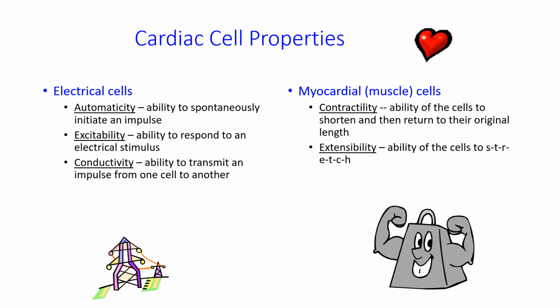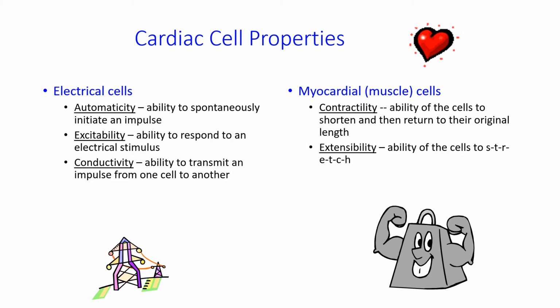When we talk about the myocardial cell or the muscle, every cardiac cell has the ability for contractility and extensibility. Cardiac cells cannot contract unless they've been electrically charged, or depolarized. So it's important to remember you can't have a contraction without the cell being depolarized.